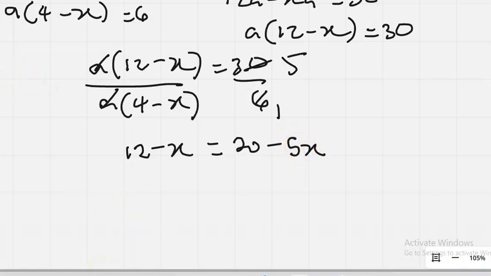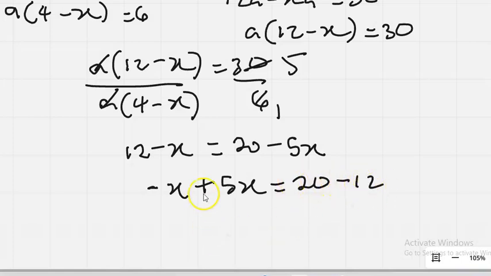Collecting like terms, this becomes minus X plus 5X equals 20 minus 12. So this gives 4X equals 8. So that means X is 2.